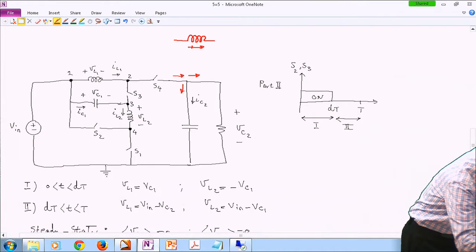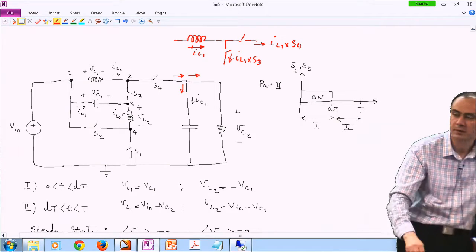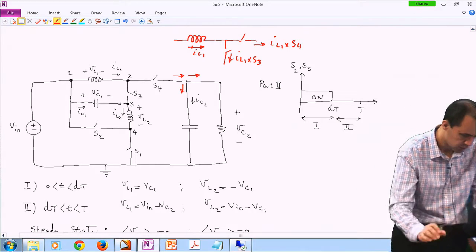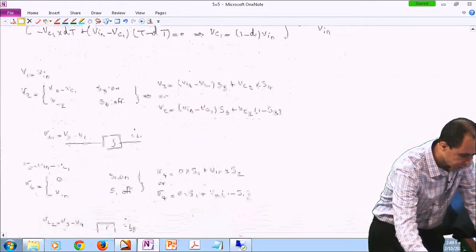So let's say this is IL1, right? So this current is always IL1 times S4. And this is IL1 times S3. And they're complementing each other, okay? Good point. All right, so let's go down there and write it.